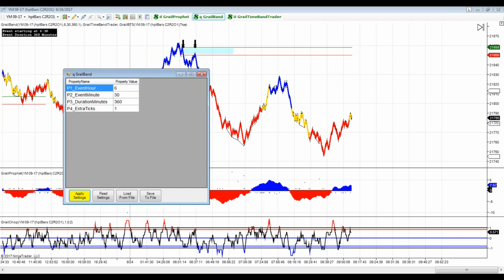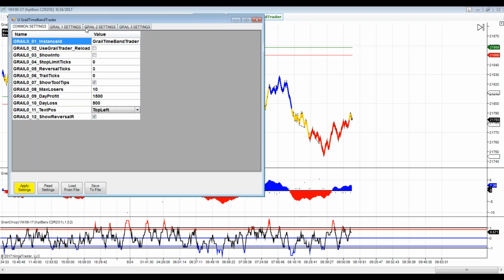It's looking at all of the data, but for the pit open on equities, I want to create an OP at 6:30 my time. That's what this is. The only difference is it's not giving you the midline here. So this is really for trading an OP based on the time that you select, and in this case, it's the pit open.